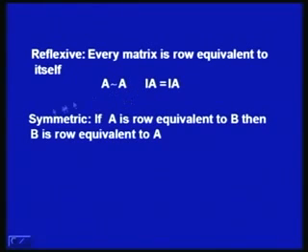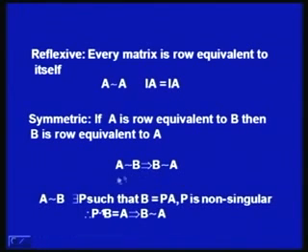So, A is equivalent to A. Then the relationship is symmetric. By this I mean to say if A is row equivalent to B, then B is row equivalent to A. The proof is simple. If A is equivalent to B, then there exists a matrix P such that B is equal to PA, where P is a non-singular matrix.